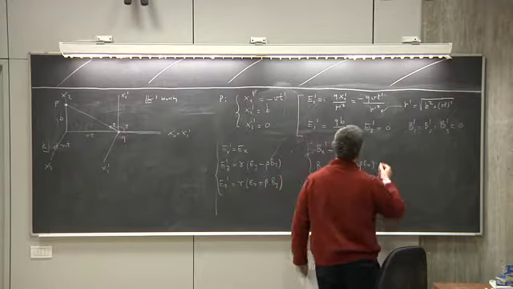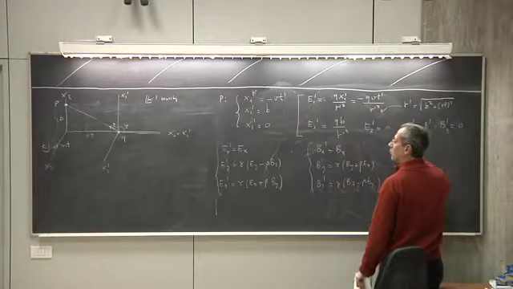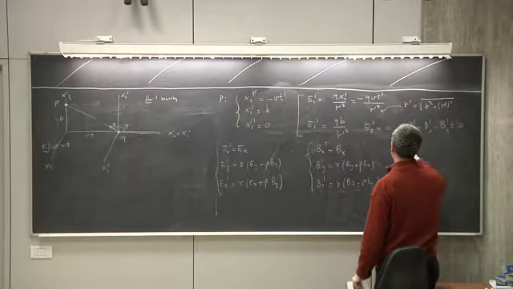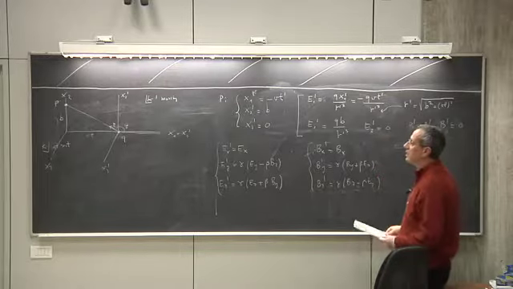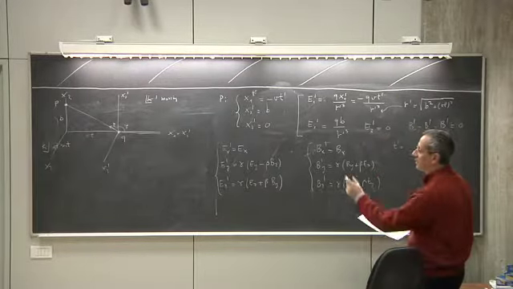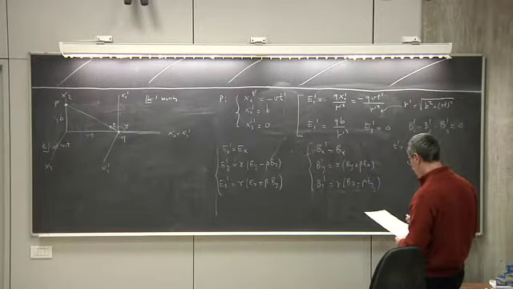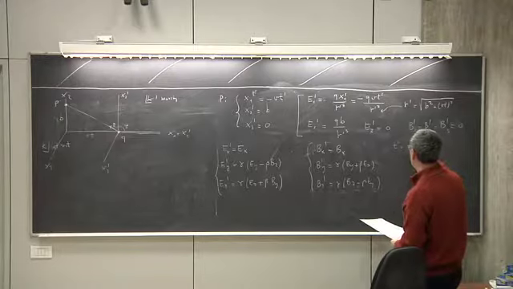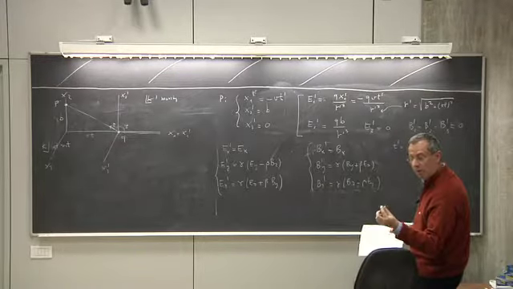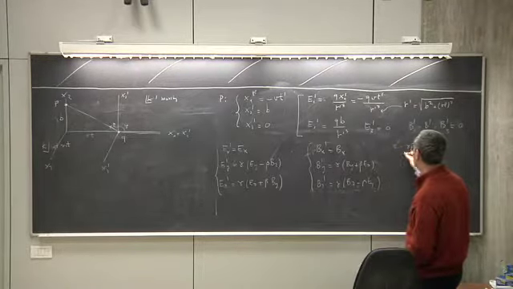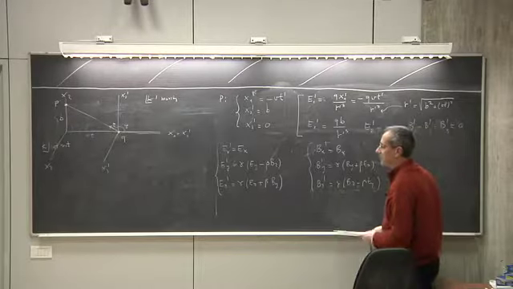Maybe you may wonder what is t prime with respect to t, right? You see that because I have the two frames starting out at the same point, I just have the Lorentz gamma factor in the transformation.